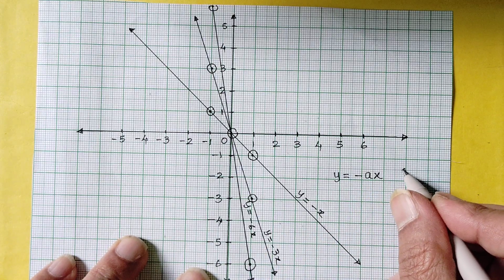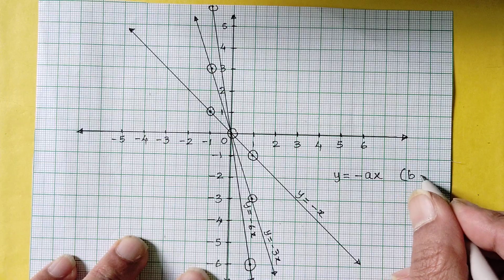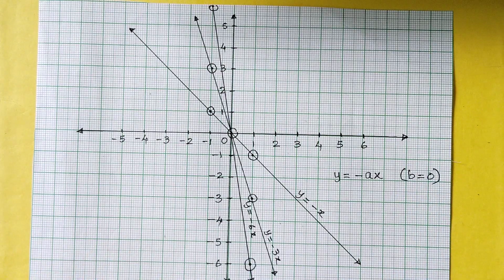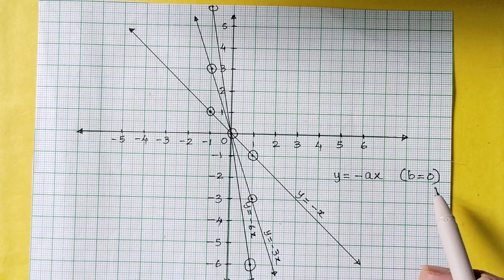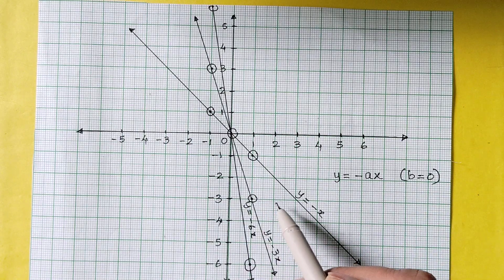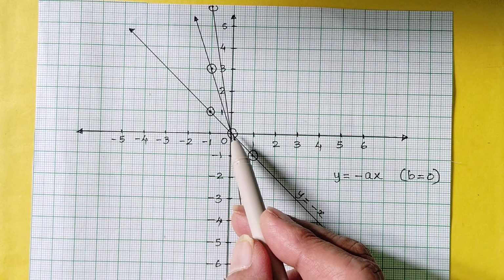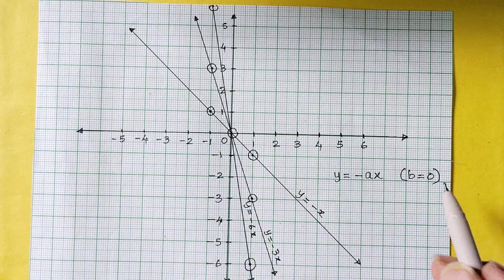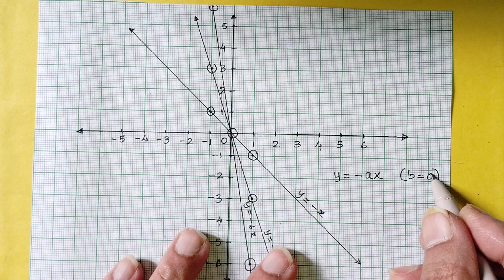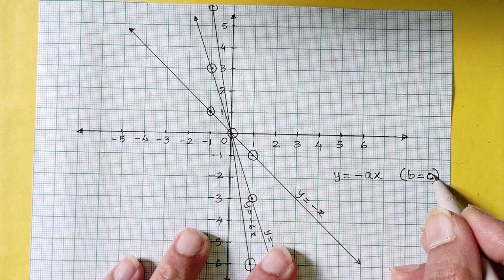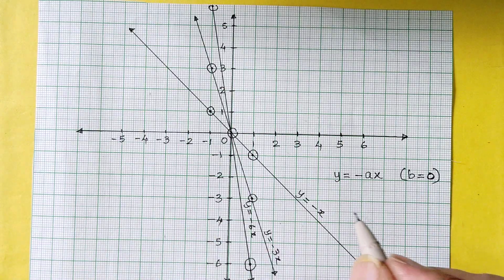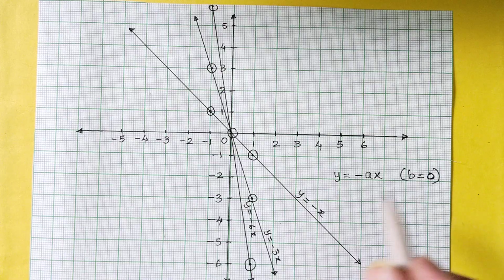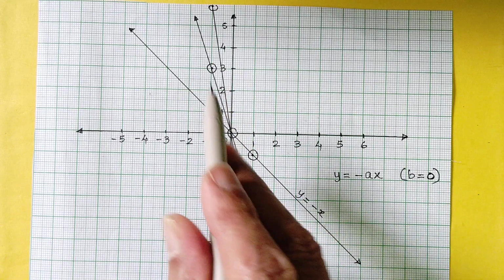Here also the value of b is 0. So when the value of b is 0, all these lines pass through 0. That means all these three lines cut the y-axis at 0, because the value of b shows the point where the lines cut the y-axis.